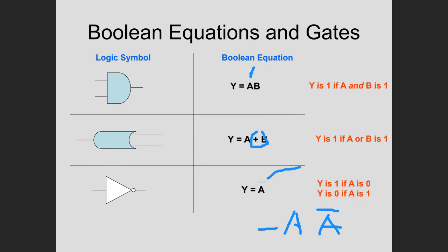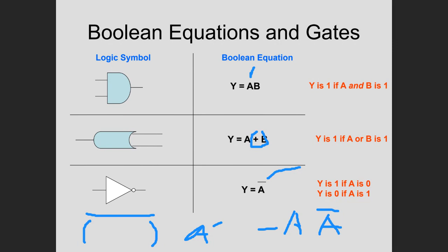So that flips the bit, and we'll represent that. Now sometimes, and this is a handy kind of notation, instead of having that bar, they'll have a prime. Sometimes you have to take a whole bunch of variables together inside a set of parentheses, and if you want to NOT that whole thing, you put a bar across the whole thing.